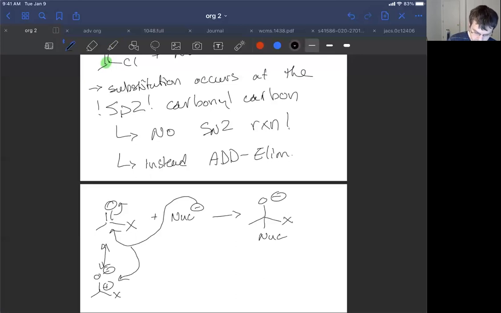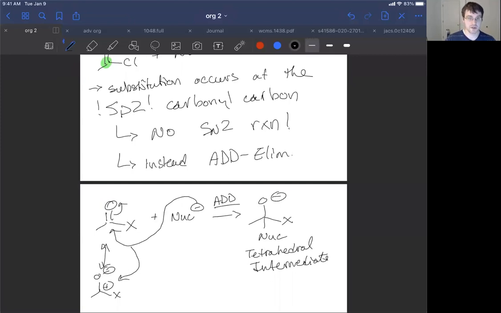When we do this first step, this is our addition. The nucleophile is adding to the carbonyl carbon, at which point we form what's called the tetrahedral intermediate. I just made a big stink about how we need a tetrahedral, sp3 carbon to do SN2 reactions.